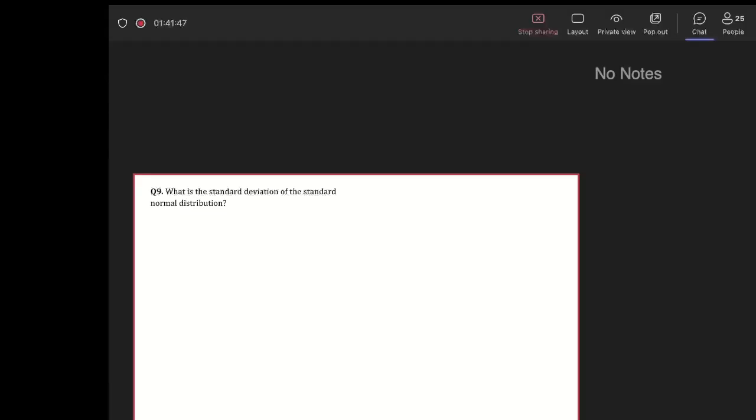So they are asking the standard deviation of standard normal distribution. So standard normal distribution means it will have a mean value of 0 and standard deviation of 1. So that is the definition of standard normal distribution.